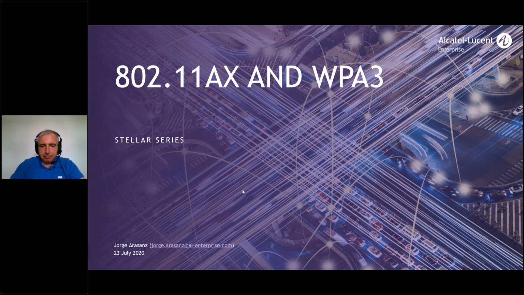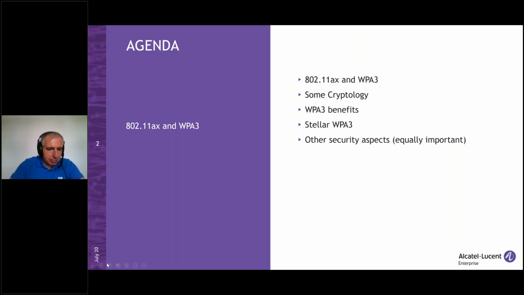Let's go to the agenda. Okay, this is the agenda that we will follow. We will have a quick overview of what is 11ax today and what is the status of WPA3. Then we will review some cryptologic terms, because we will need it in order to understand later why WPA3 has some benefits.